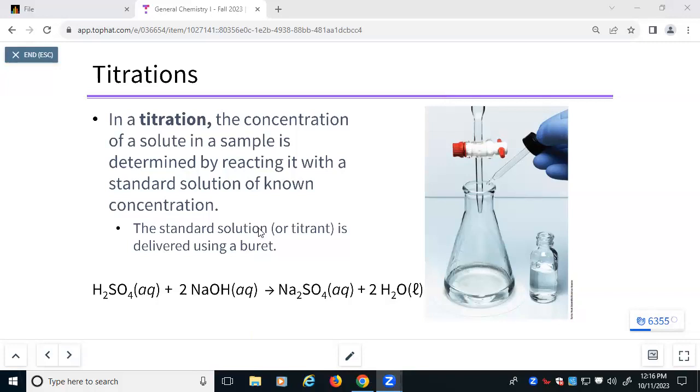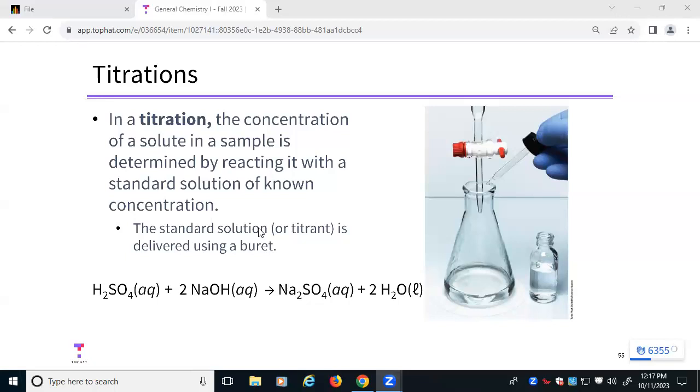So I'm going to talk about titrations next, because titrations are probably the most common application of these kinds of reactions in solution. You did a titration last week. In a titration, what we are doing is we are taking a solution whose concentration we know very, very, very well, and reacting it with a solution whose concentration we do not know so well in order to find the concentration of that other thing.